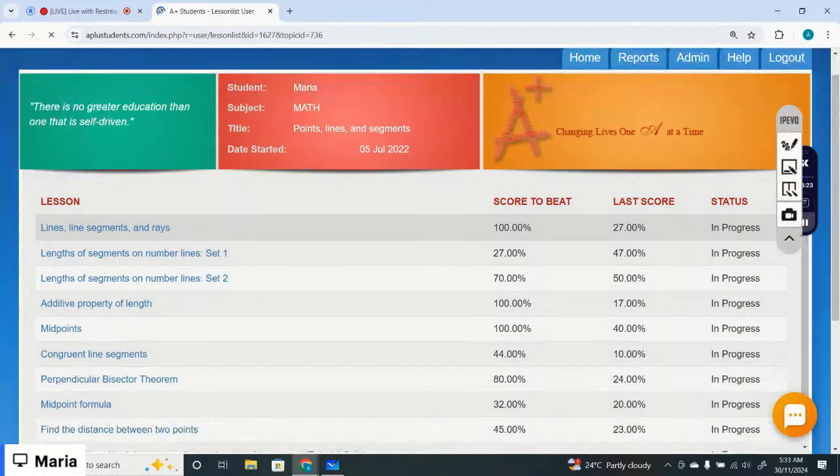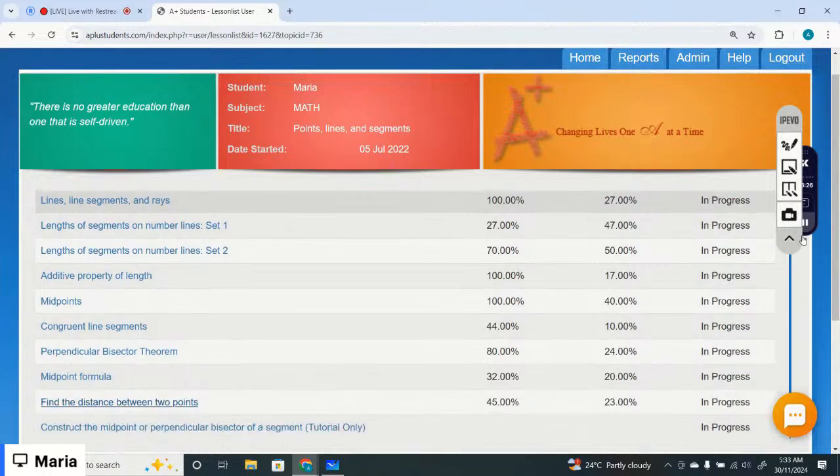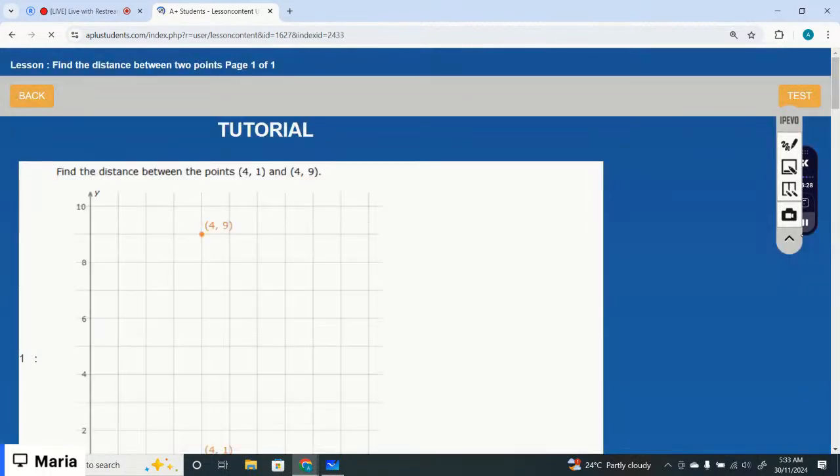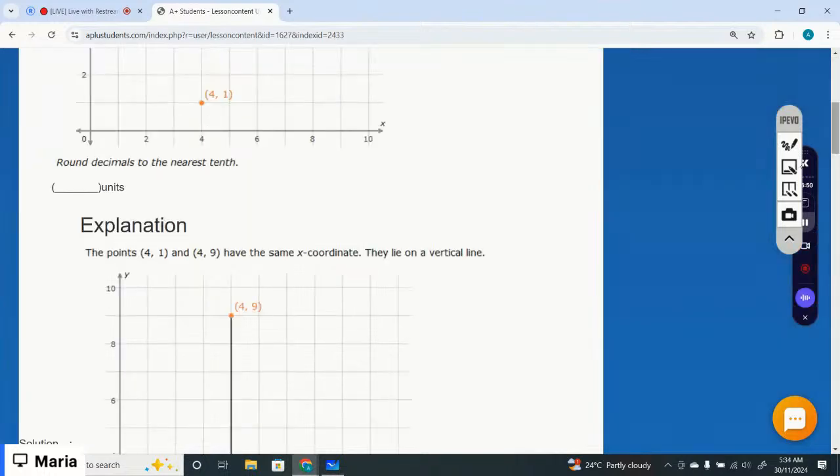The next lesson is find the distance between 2 points. Find the distance between the points (4, 1) and (4, 9).